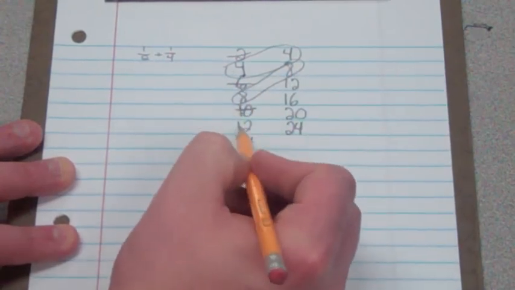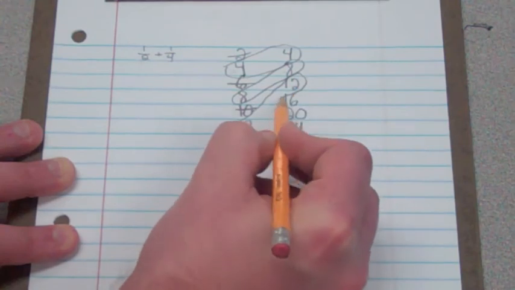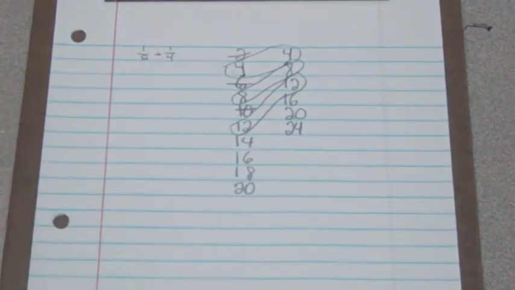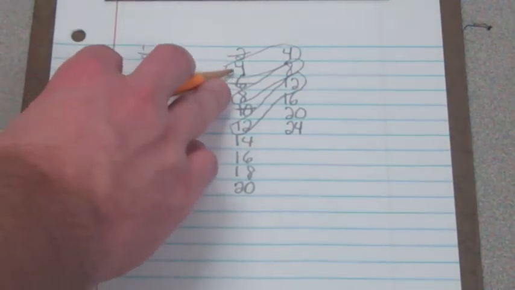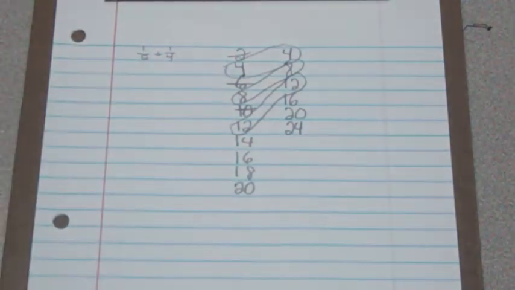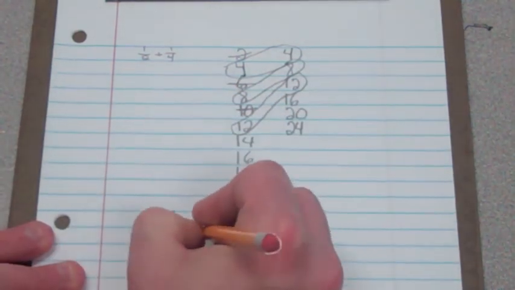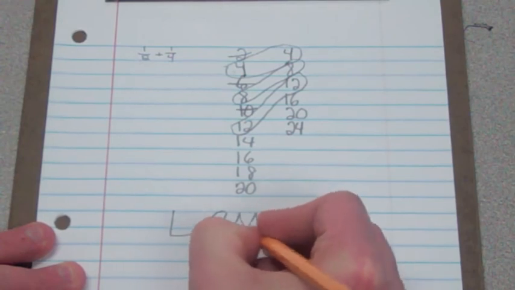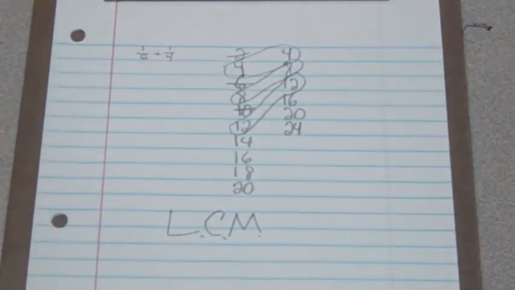Not common. 12, yes, 12s are common. Now, we found 3 common multiples already. Any one of these are fine to use. I usually choose the least common multiple, or the LCM. It's the smallest common multiple.